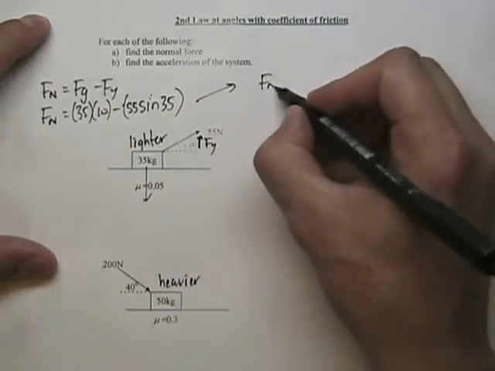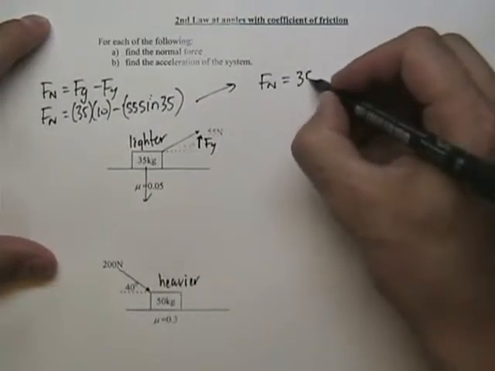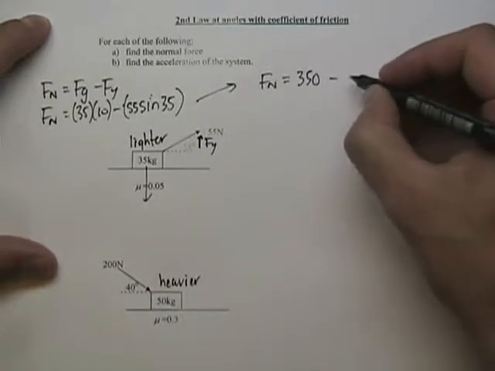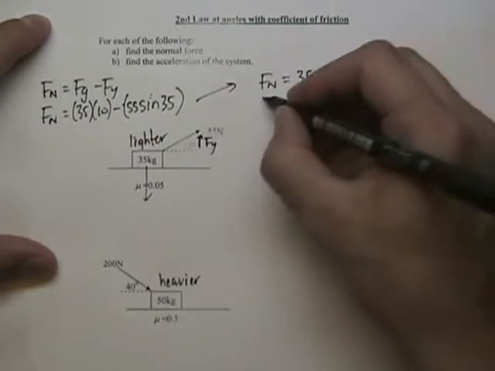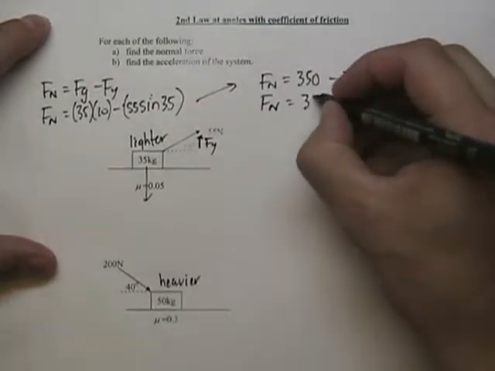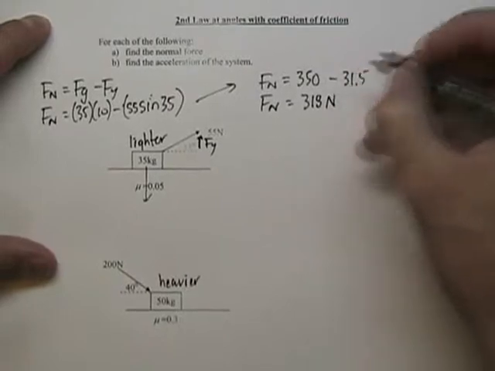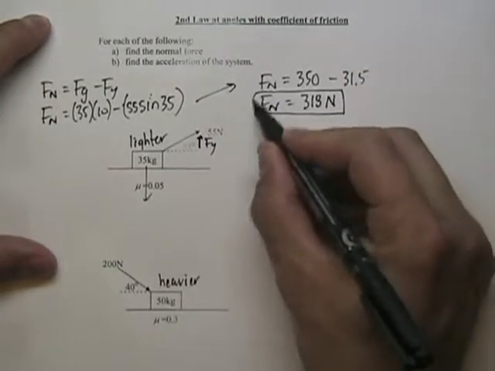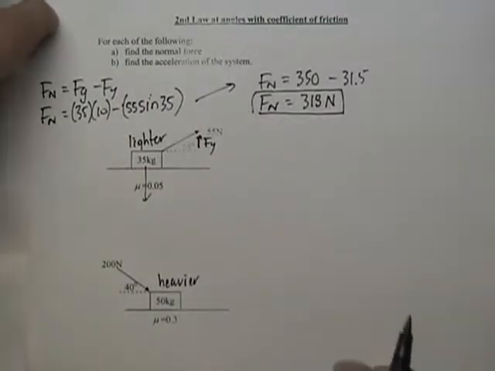So my normal force is 350 minus 55 sine 35, which is 31.5. So normal force is going to end up being 318 newtons. Some decimal, but we don't care. Just call it 318. Give us a number to work with now.